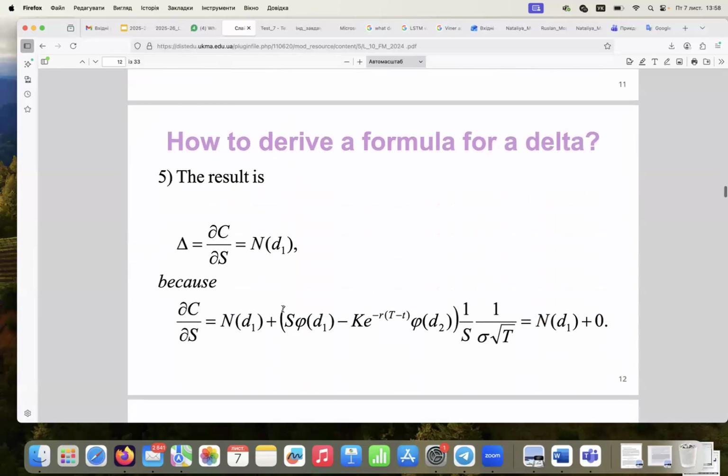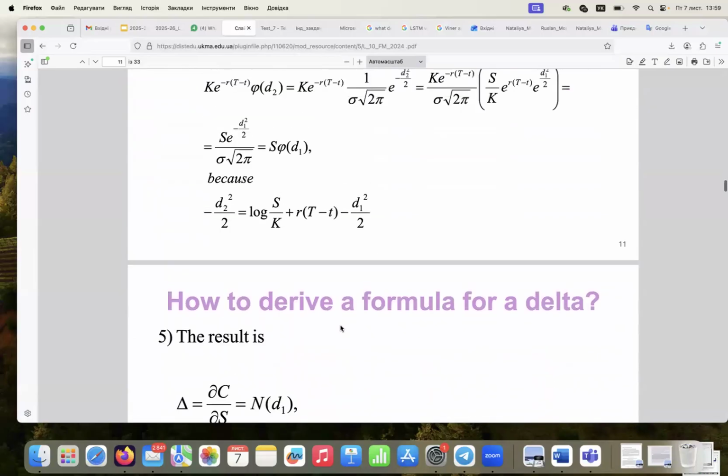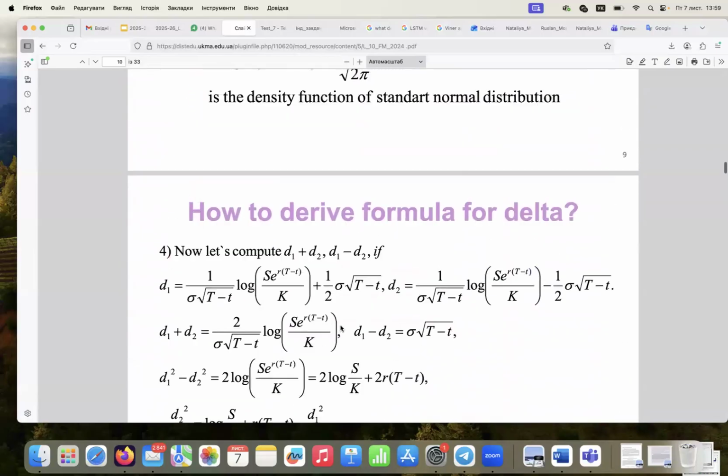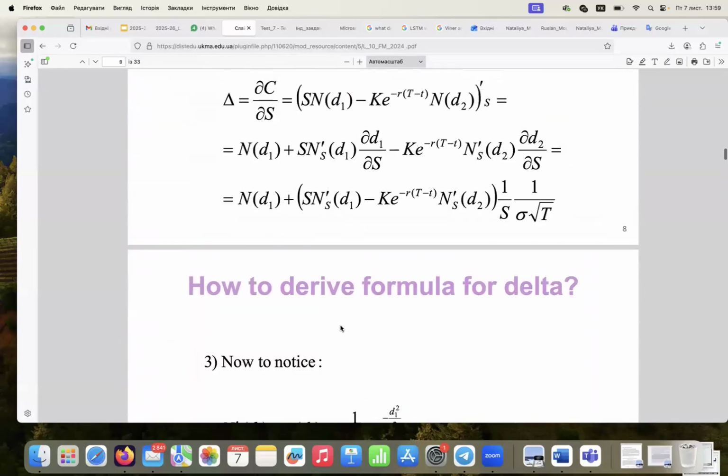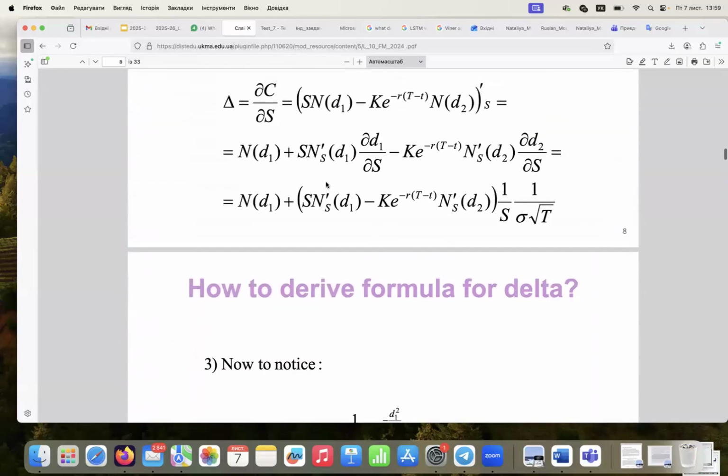And so the result is N of d1, and we substitute. What do we substitute? d1. What in this formula do we need to substitute, and we obtained that this equals this.